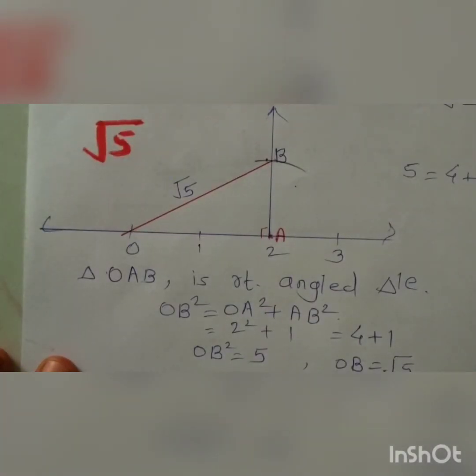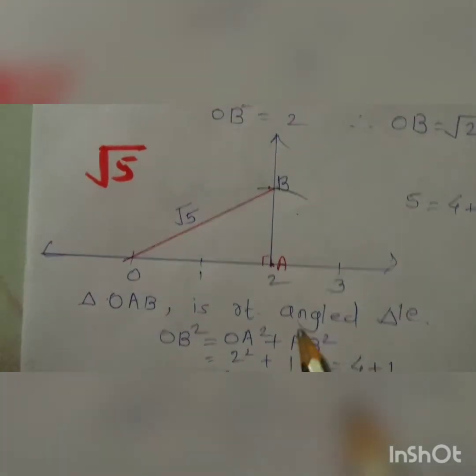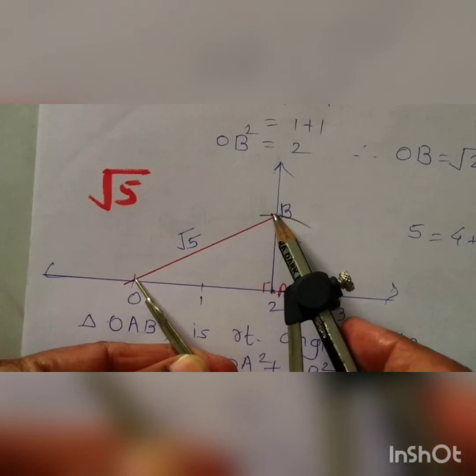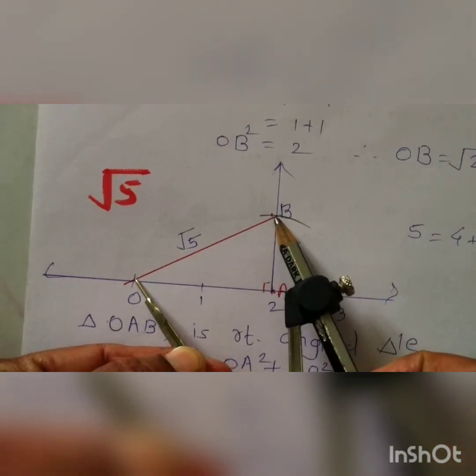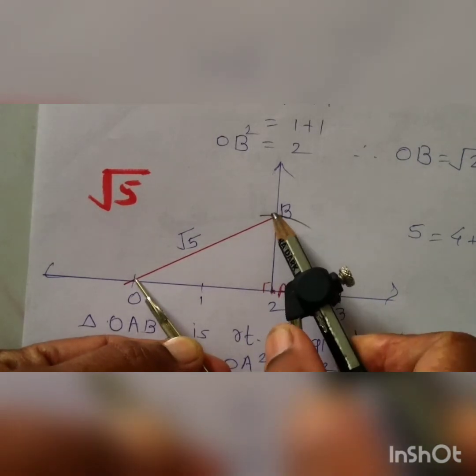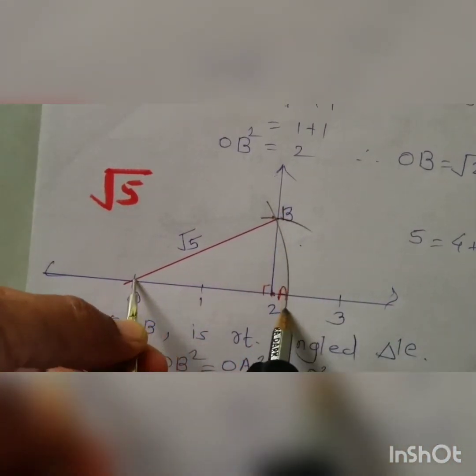Now we construct a circular arc with radius OB and center O. Means we measure the distance between two ends of compass equal to OB, with O as center. Construct the arc like this way.